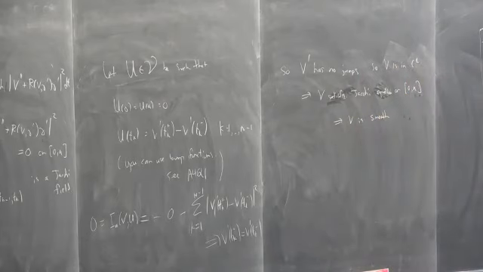Because once I know it's C1, then I can do this argument. Right, there's no jump points anymore.